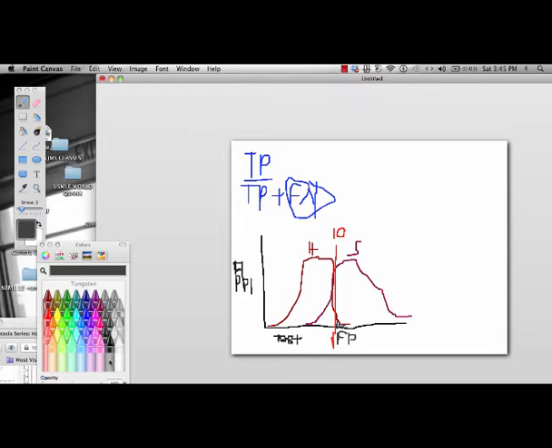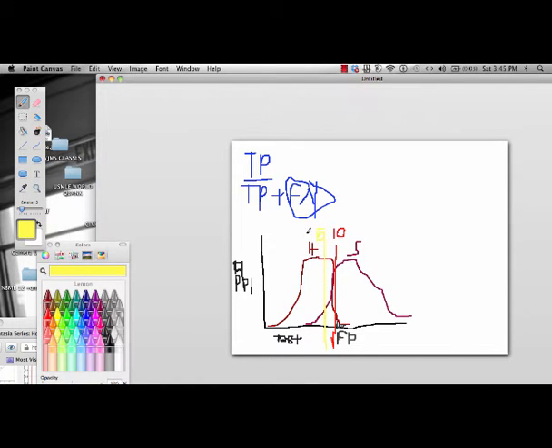Now we could, of course, just move our cutoff backwards a little bit. And let's say that we want to put it slightly to the left, right over here. And that would be 5.